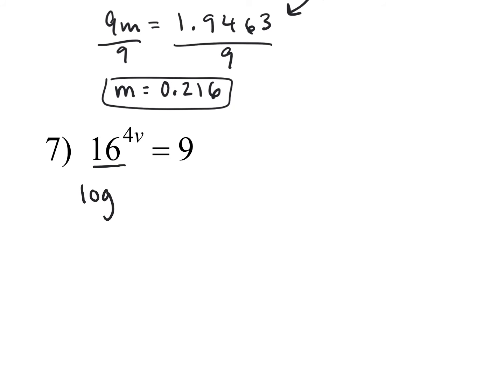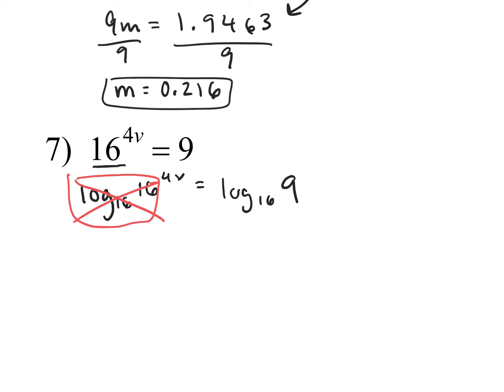Awesome. Whatever this number is, that's our base. So log base 16 of 16 to the power of 4v is equal to log base 16 of 9. So what happens on the left side when we have log base 16 of 16? They cancel out. So then we're just left with 4v on the left side.